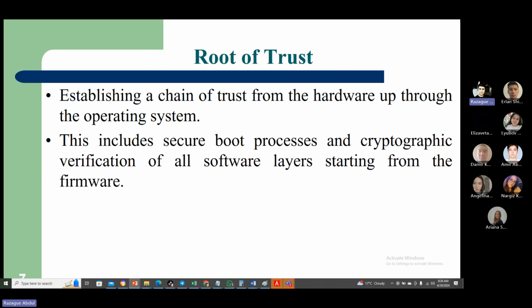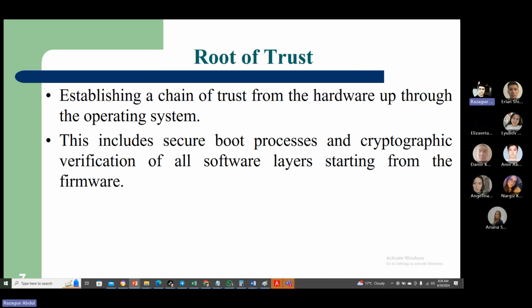Now we have another topic, which is root of trust. This concept of root of trust is foundational in creating secure computing environments from hardware components up to the operating systems and application layers.